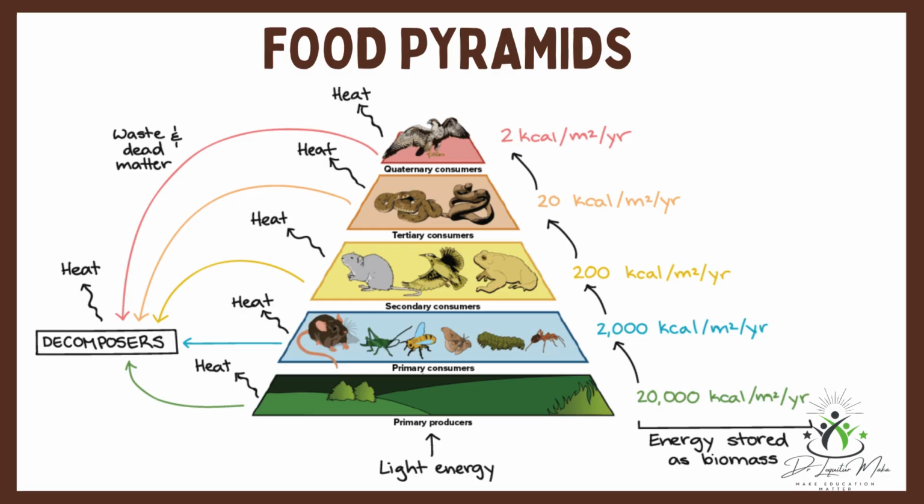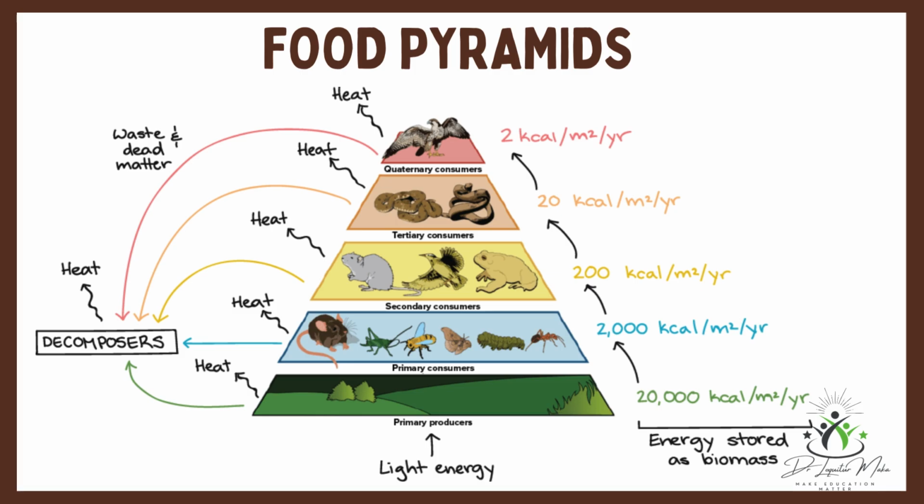tertiary producers. So now in terms of the food pyramid, what is very important for you as a grade 10 learner to understand is that it can be presented as pyramids of numbers, pyramids of biomass, and also pyramids of energy.